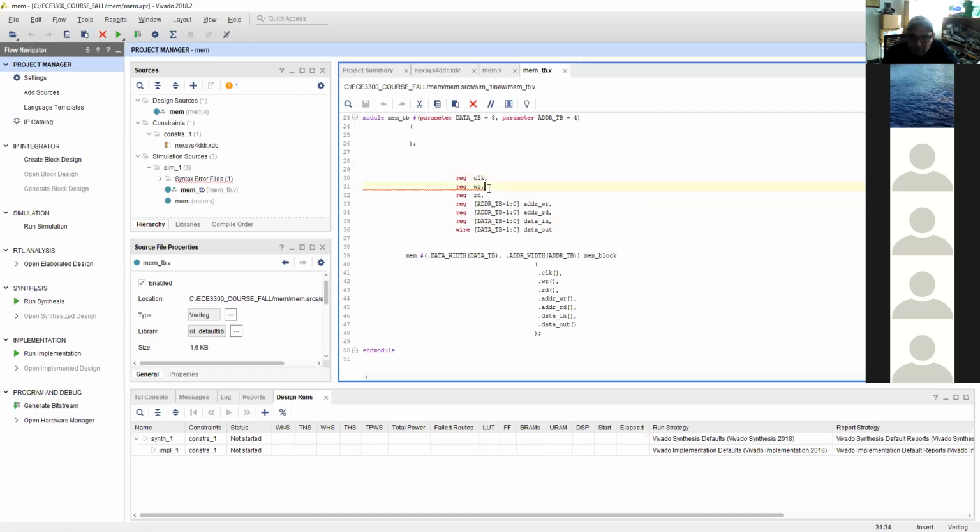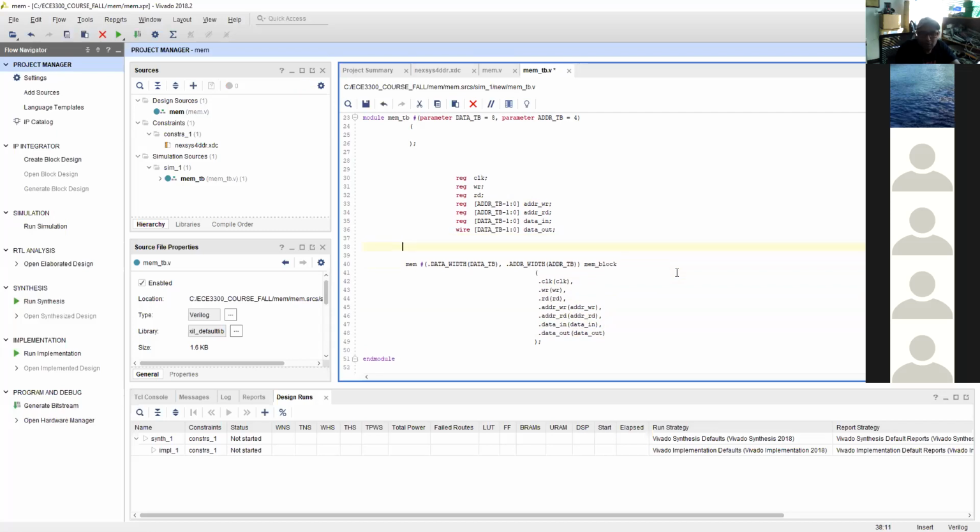You need semicolons? Oh yeah, that's true. I forgot my reading glasses. We're done. Right, so it's gonna be clock, read, address, write, address, read. Okay.